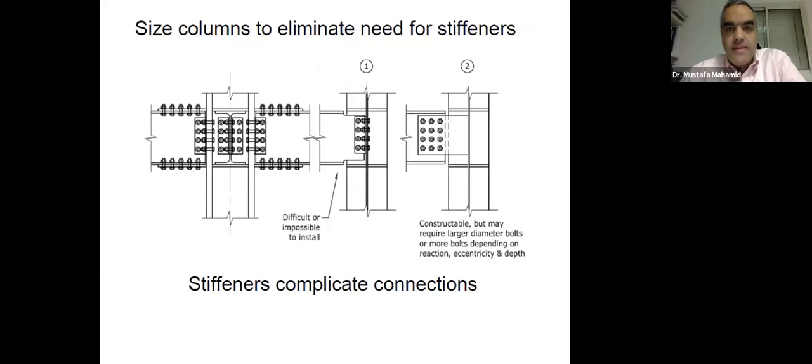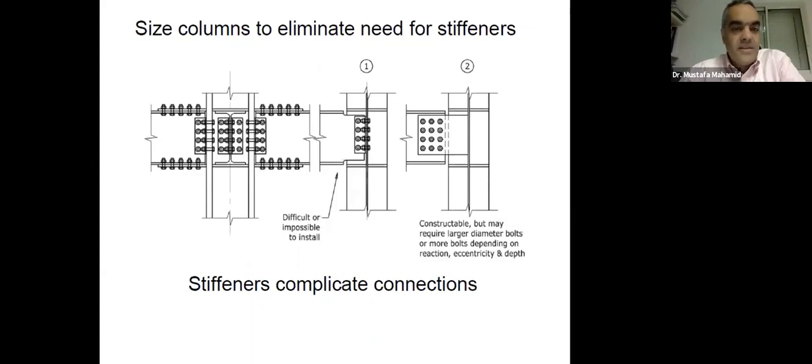Size columns to eliminate the need for stiffeners. So again, the fewer pieces you have, the better, the cheaper, the cleaner for your structure. Having larger column sizes will not increase the cost by much.